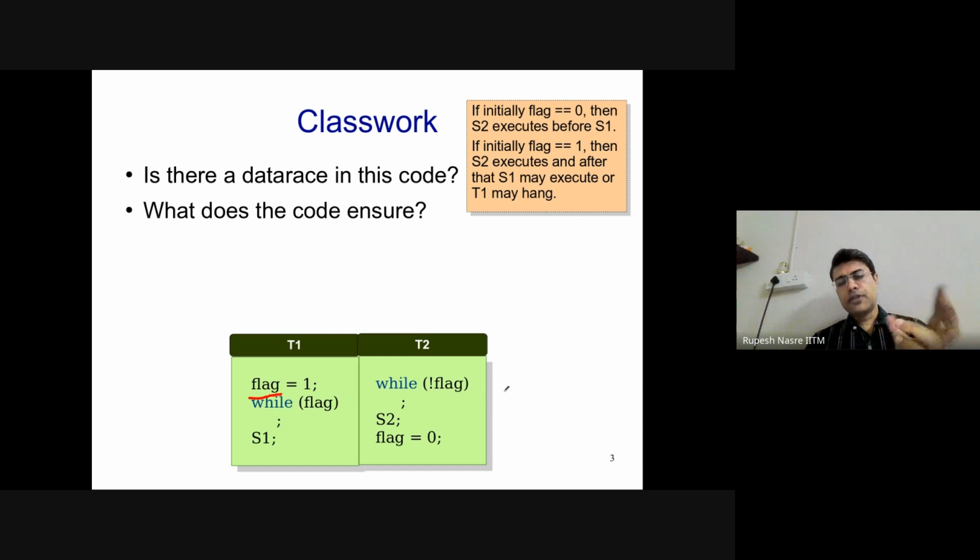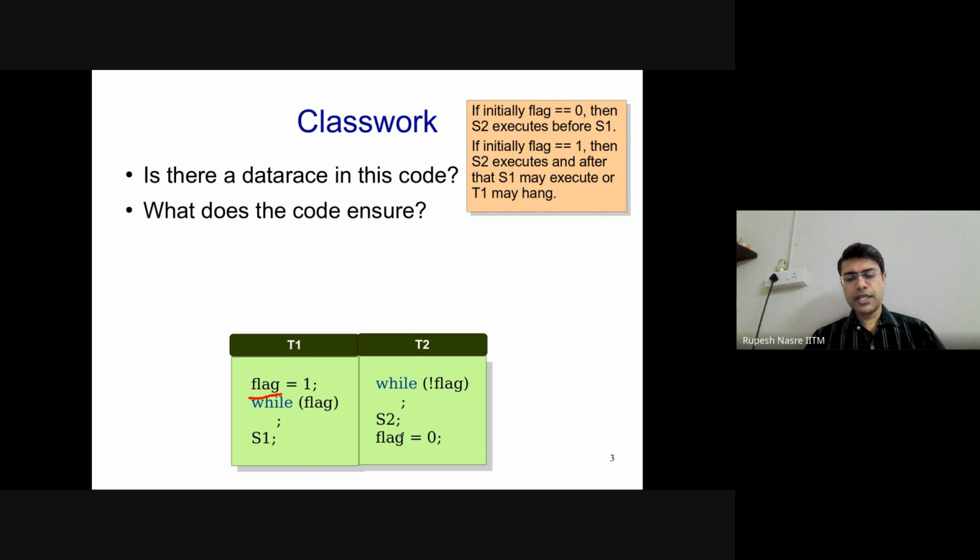On the flip side, if the initial value of flag is 1, then S2 executes, that is guaranteed, and after that S1 may execute or T1 may hang. The T1 may hang was the possibility that Sandeep was suggesting, but it is also possible that T1 might not hang, depending upon at what time T1 got scheduled.